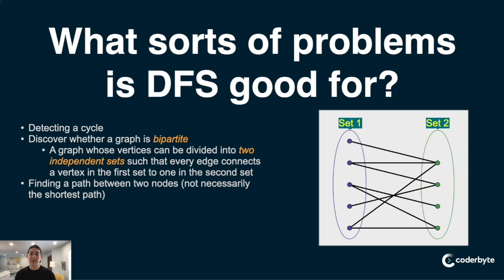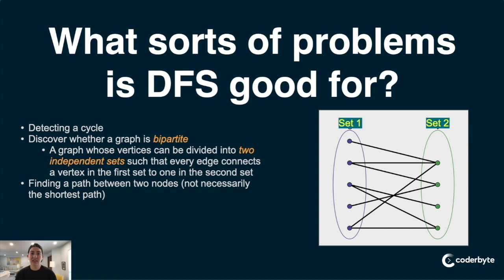Another thing depth first search is good for is finding whether there's a path at all. So breadth first search is really good for finding that shortest path, but finding whether or not there is a path at all, depth first search is an excellent method, right? And for this one, you can kind of think of a maze, right?